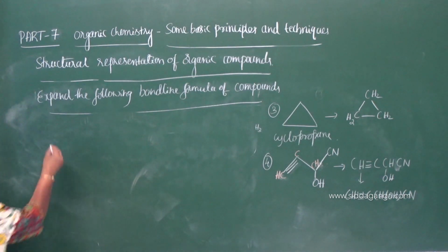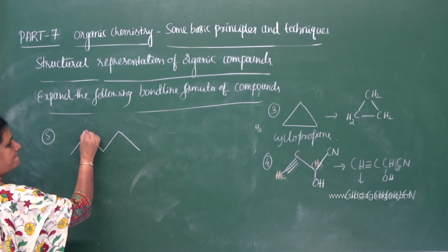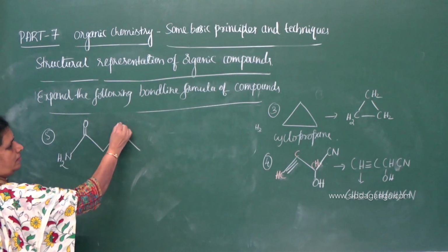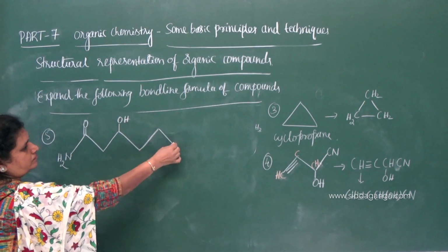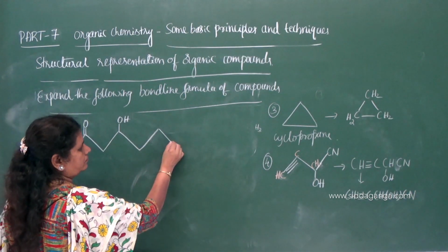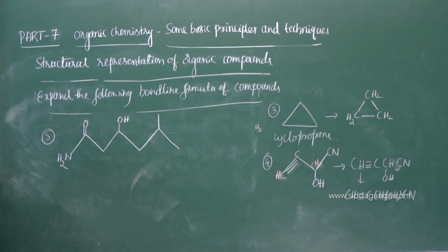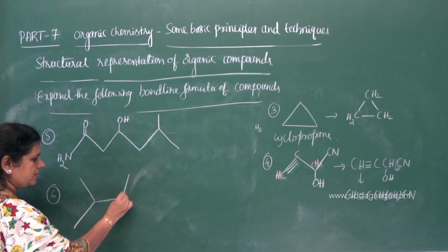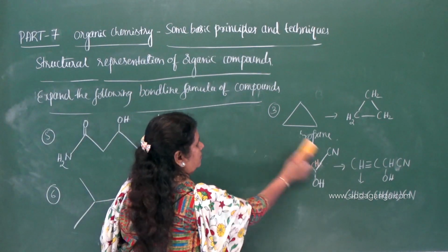Fifth one. So this is the given bond line formula, and this is one more bond line formula. So now expand this.